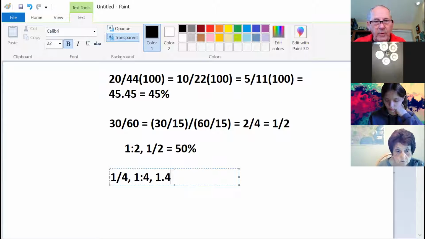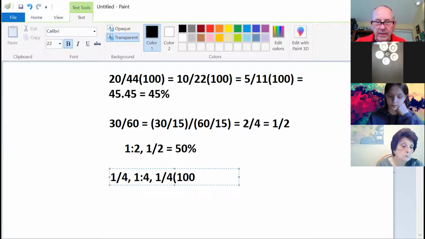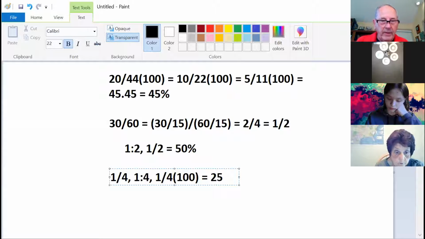You take the 1/4 times 100, because to convert anything to a percent, you multiply by 100. So 1/4 times 100 is what? 25, right? So 1/4, 1 to 4, and 25% are all the same thing, just like 1/2, 1 to 2, and 50%. All the same thing. That's the takeaway on that one.